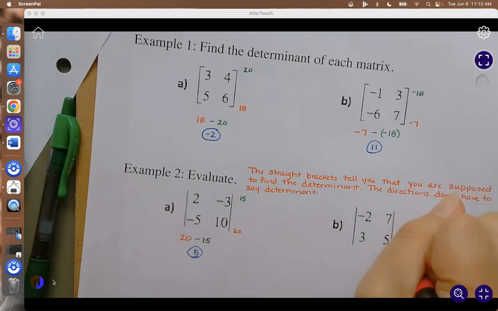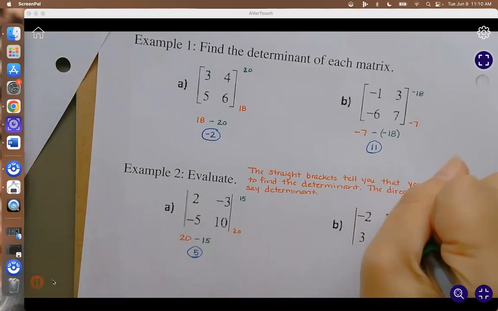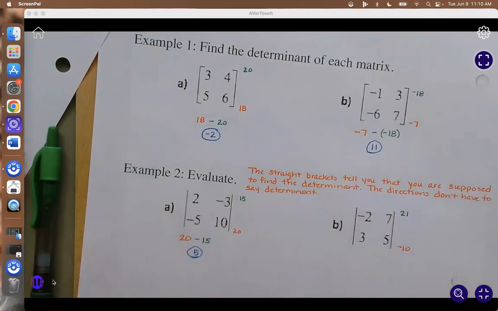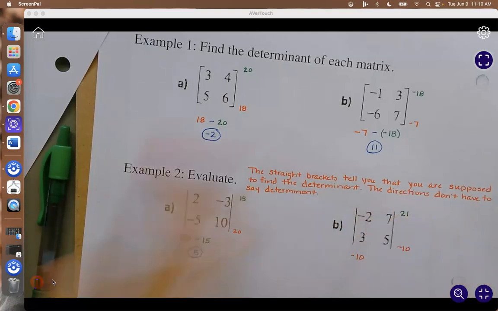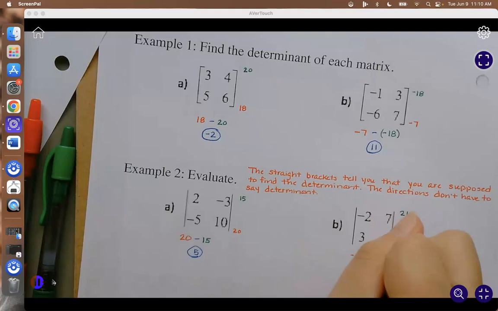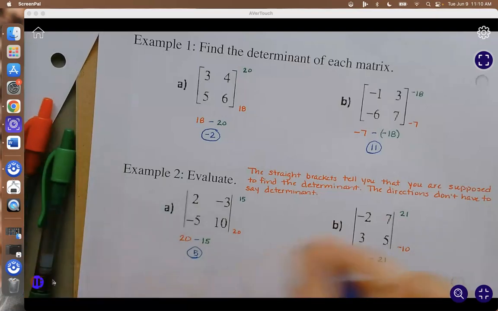Right here, negative 10, 21. So negative 10 minus 21 is negative 31.